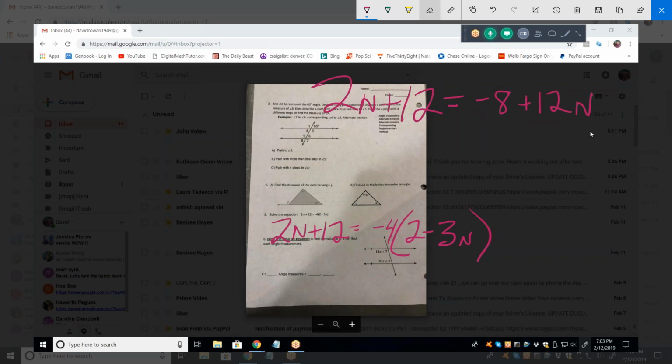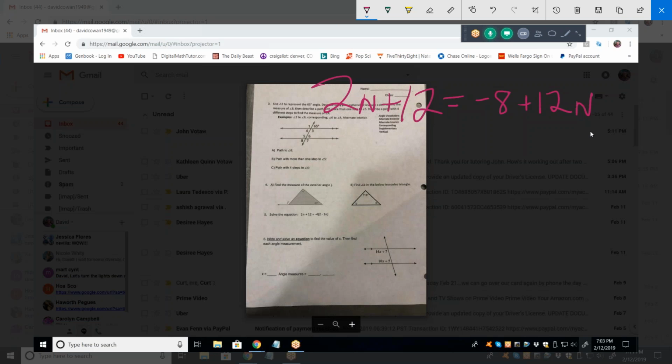Now, I'm going to erase this to give myself some more room. Now let's solve this equation. Remember, the first thing you always have to figure out is which side you're going to put your variable on. What's the best side to put it on? If we want it to have a positive coefficient, what's the best side to put it on? The one with the largest number? No, I got two choices.